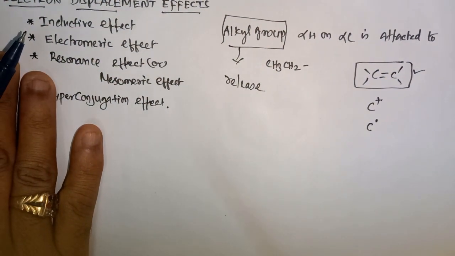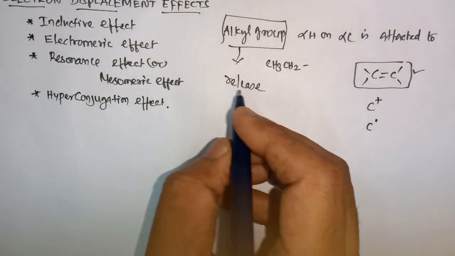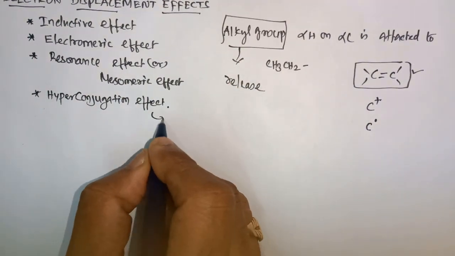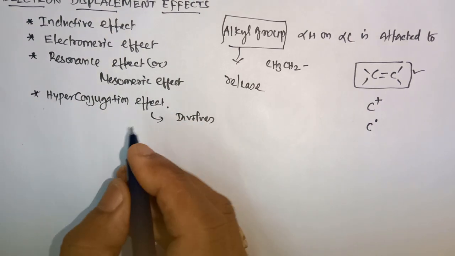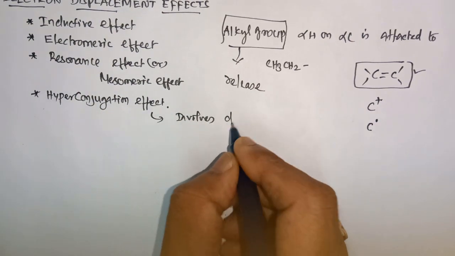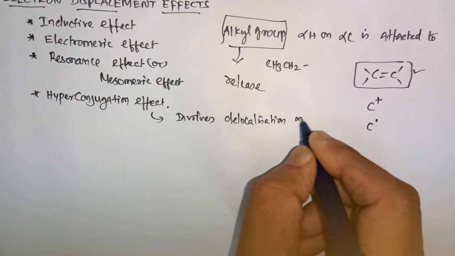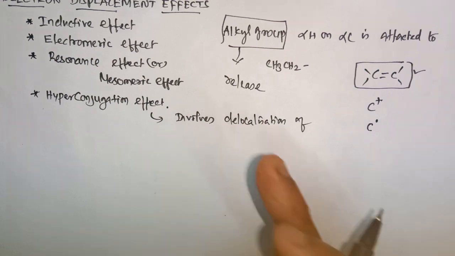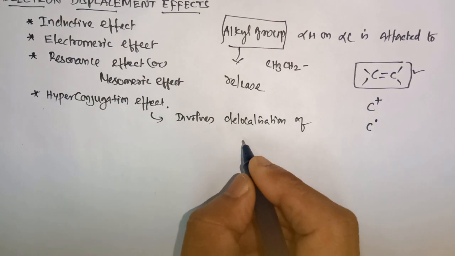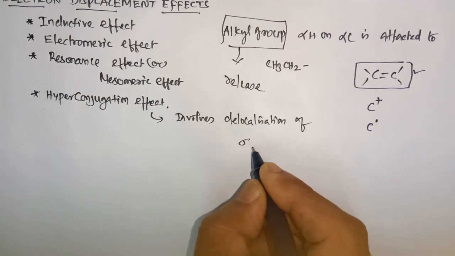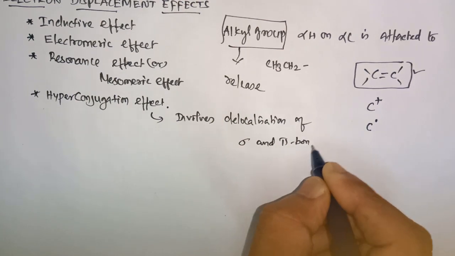In this effect, what happens? It involves delocalization. That means you all know the moving of electrons is called delocalization, here of sigma bond electrons and pi bond electrons.